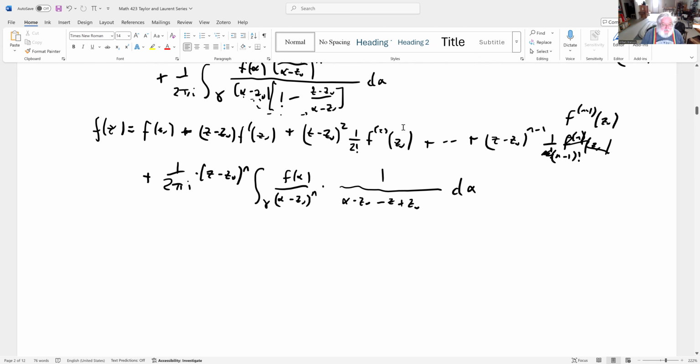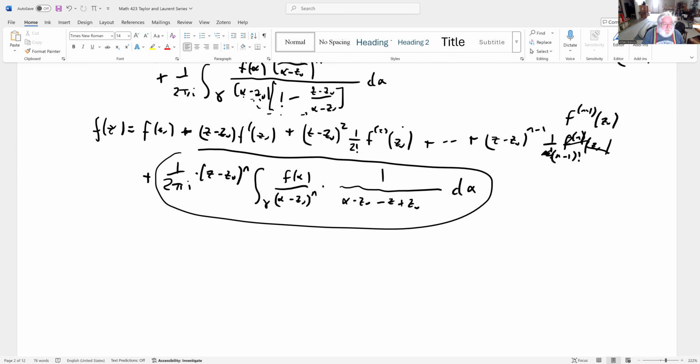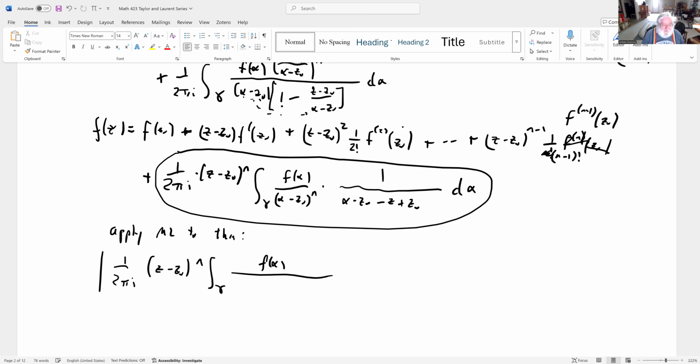We want to apply our ML theorem to this. And notice that the z zeros cancel out here, so we just have an alpha minus alpha.